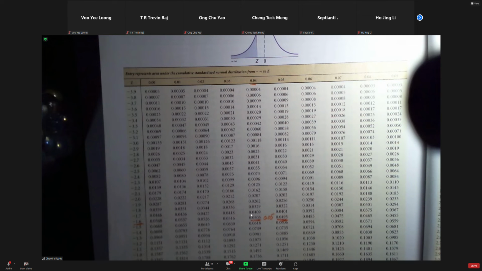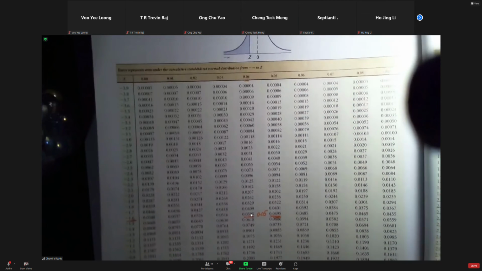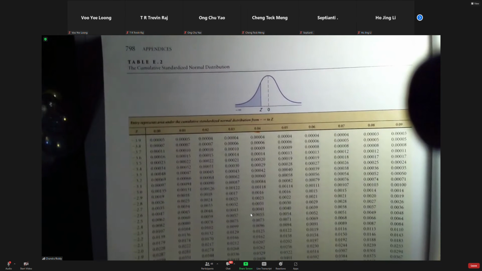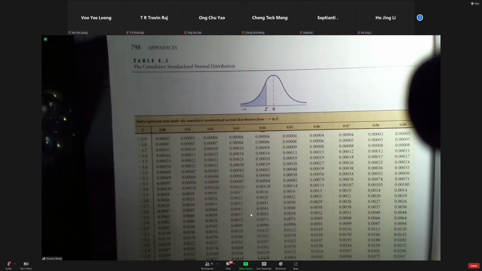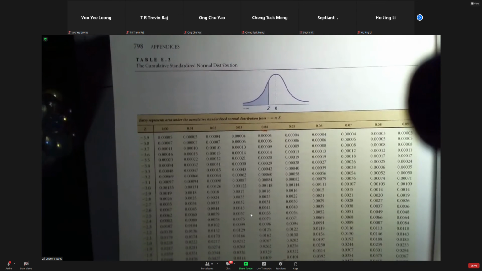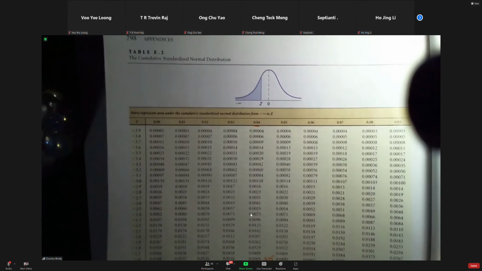Is that clear? This is your business statistics textbook, old version, and you can find the tables online. You can also download these tables from any website.